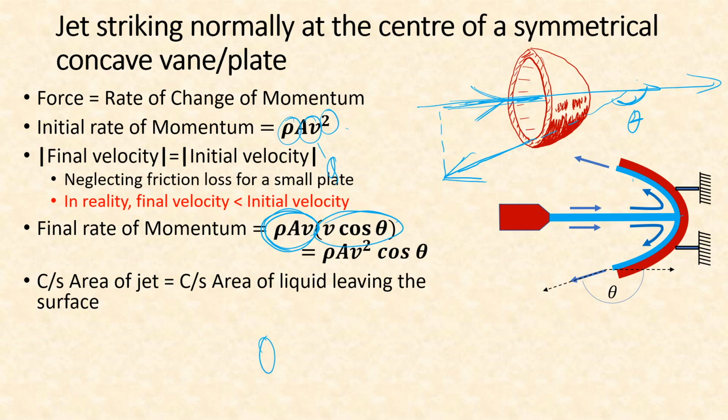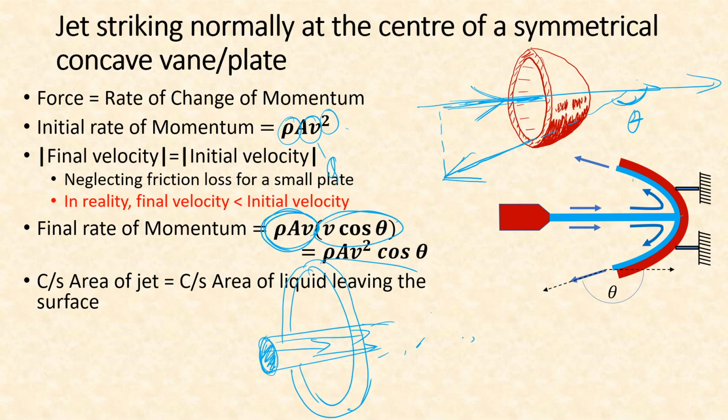So if we have a jet like this in this direction, suppose the jet has a circular cross section, and after it hits the surface it will bounce back like this, and it will be leaving with this kind of a cross section after leaving the plate.